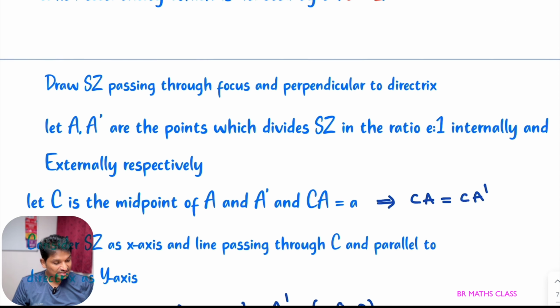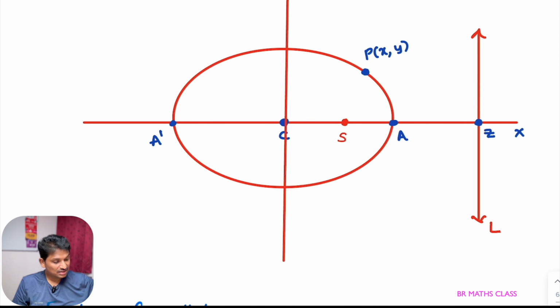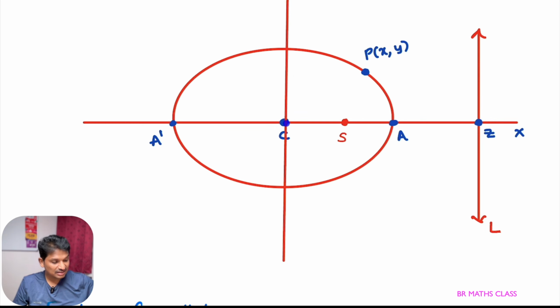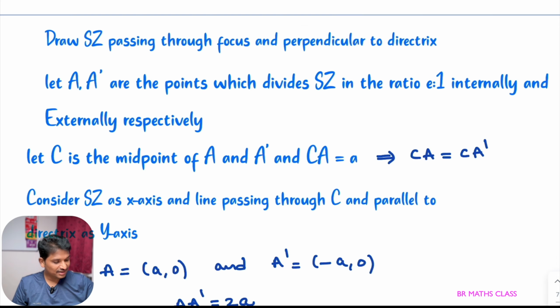CS. Where is CS? Look here. This is CS. Now you got this length as AE. As we taken this line as x-axis, this line as y-axis, and this length as AE, what is S? S is AE comma 0. So we got focus now, right?